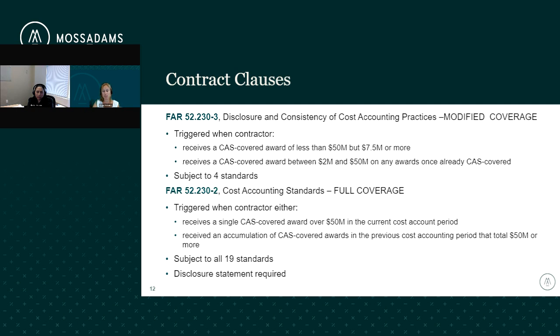Once full coverage is triggered, they're going to be subject to all 19 standards, and they'll need to submit a disclosure statement, which is the form DS-1, which is basically a document where they disclose and describe all of their cost accounting practices to the government.